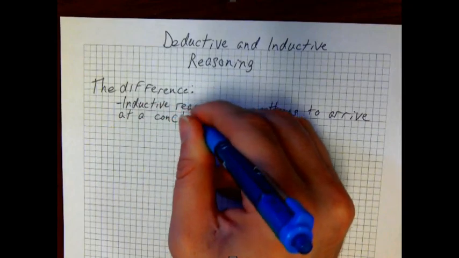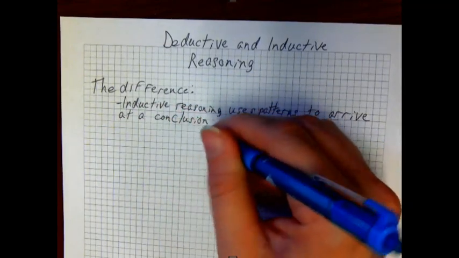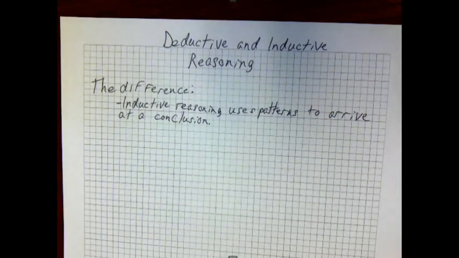So you are observing the world around you, you're finding the pattern, figuring out what the pattern is, and then describing the pattern.